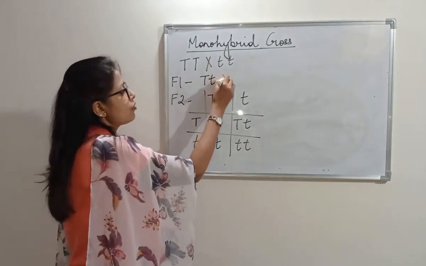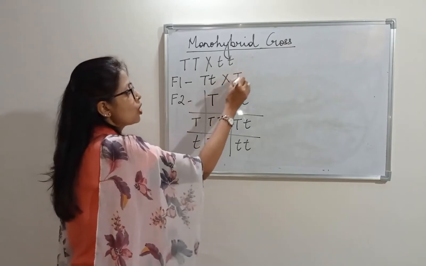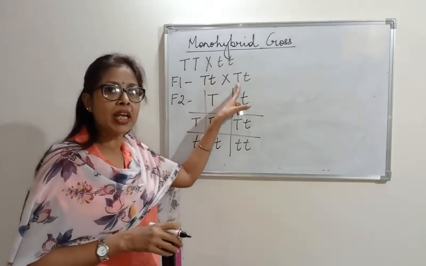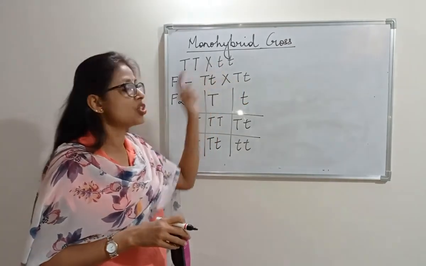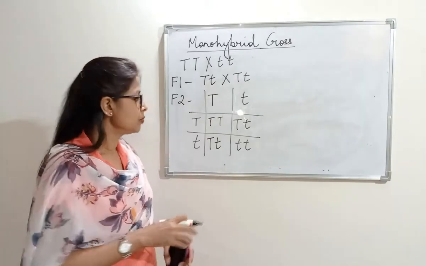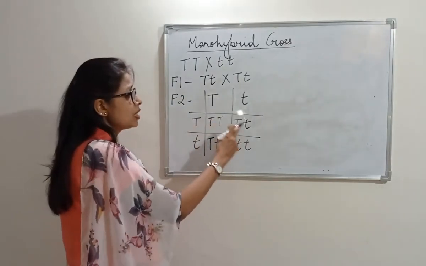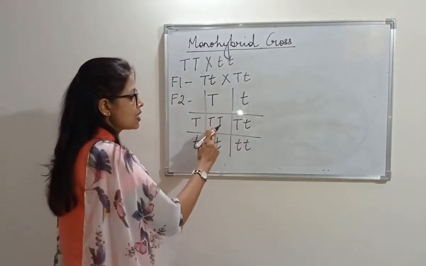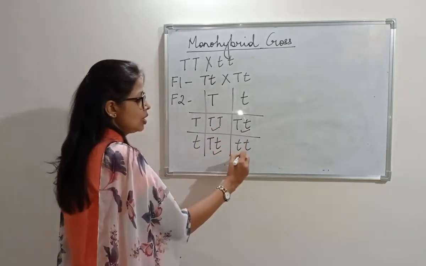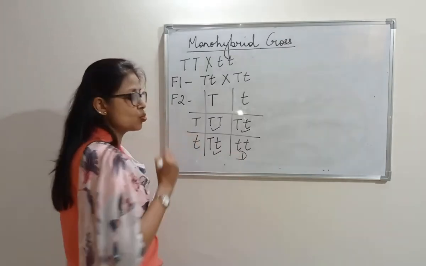Because in F1 generation, what we cross is the progeny obtained from the original parent. The progeny all were dominant. So here the ratio comes as tall, tall, tall, and this is dwarf.